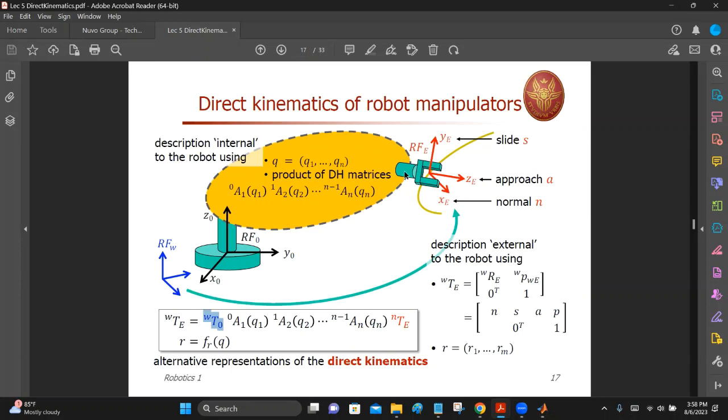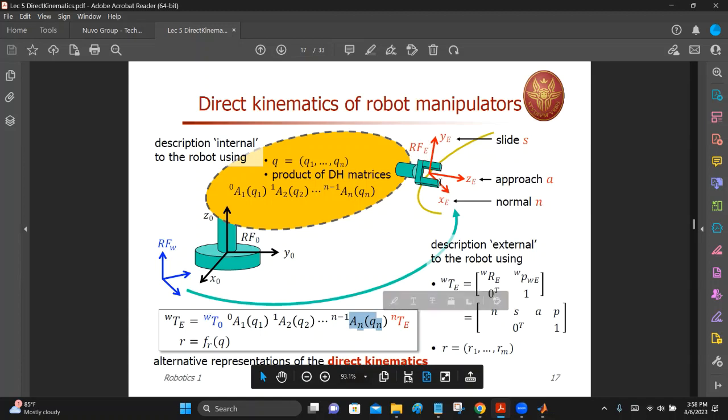Now this end effector is attached to the end of the manipulator, right? End of the manipulator, that is over here. And at that point you attach this gripper or something, right?